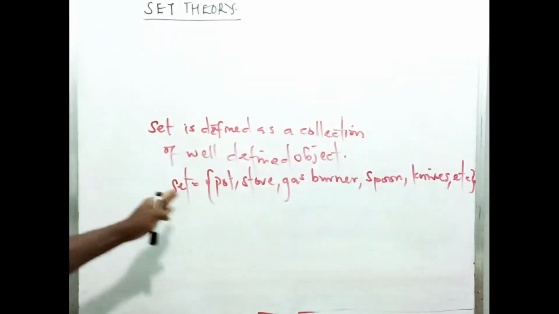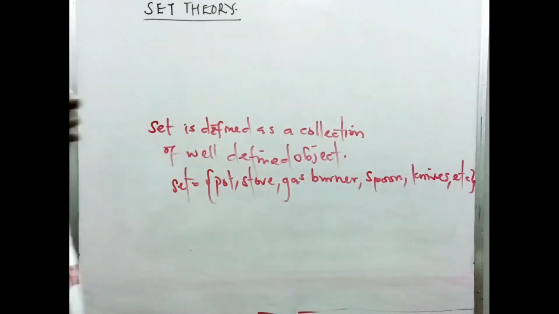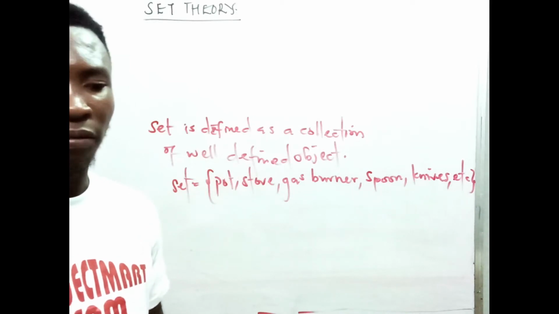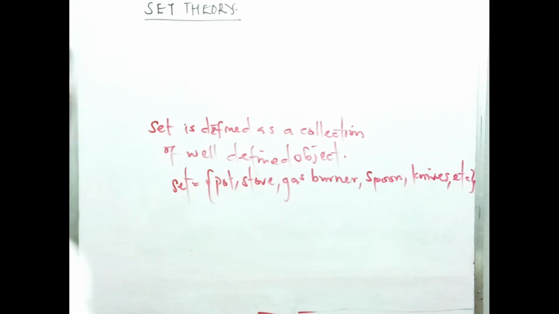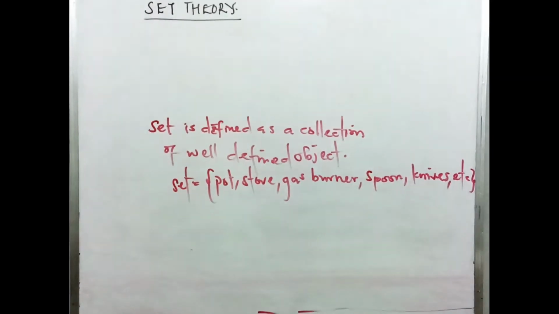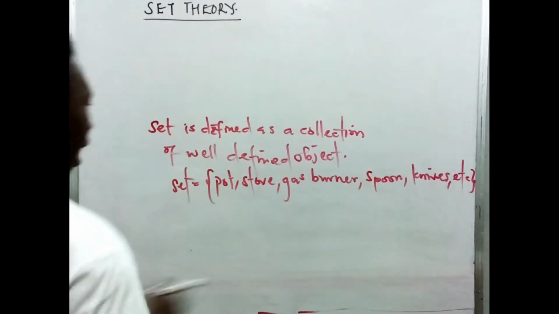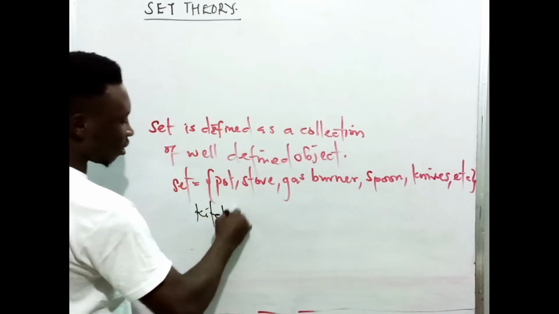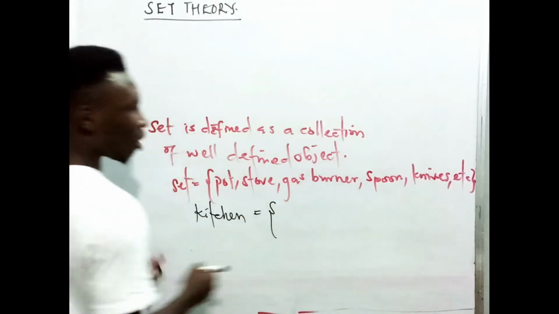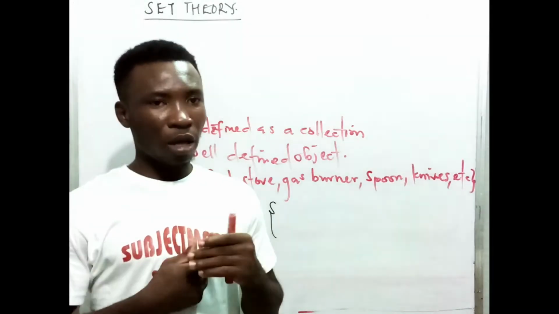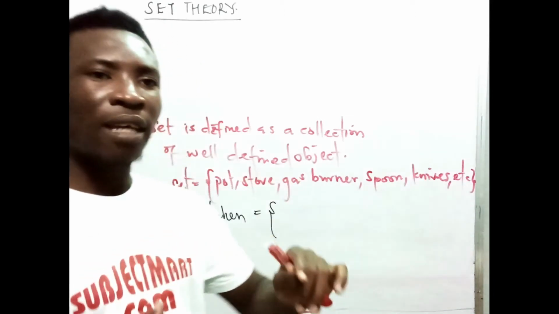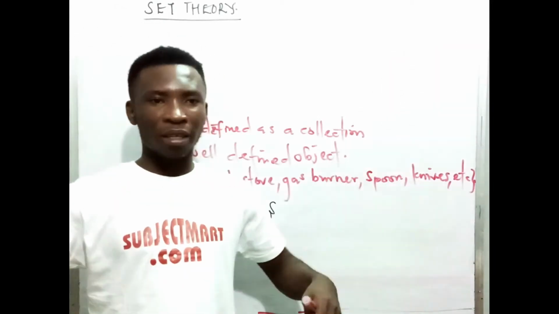So talking about set, it has to do with defined objects. So this collection of well-defined objects, I made mention of kitchen utensils. Here the kitchen itself is a universal set. A universal set is a set that carries all the elements of a set.